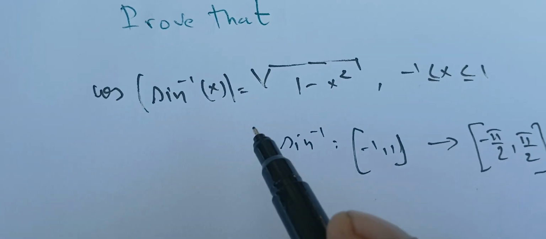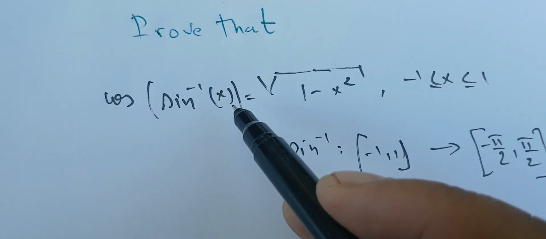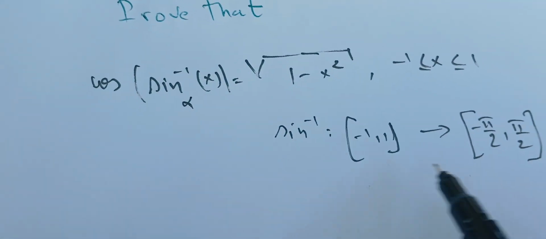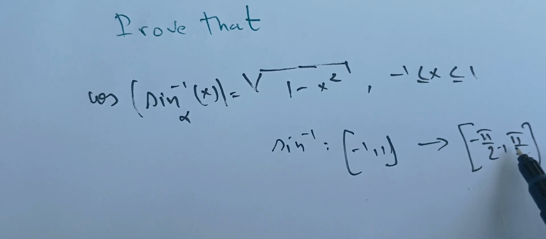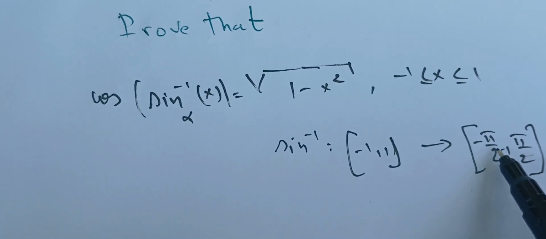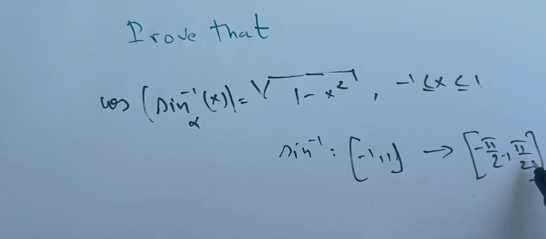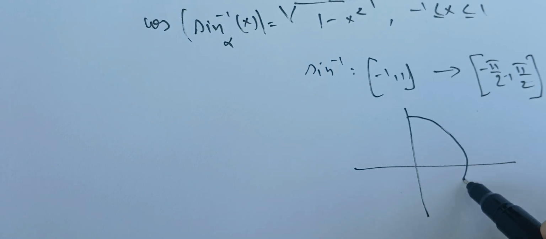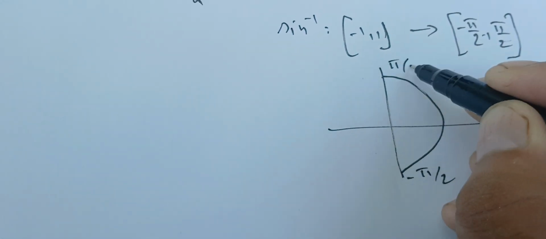Here, if we let this sine inverse of x equal some alpha, then alpha, the angle, is going to be between -pi/2 and pi/2.